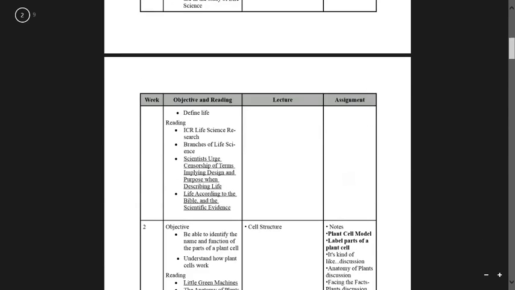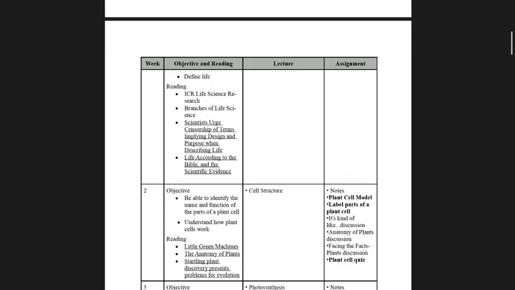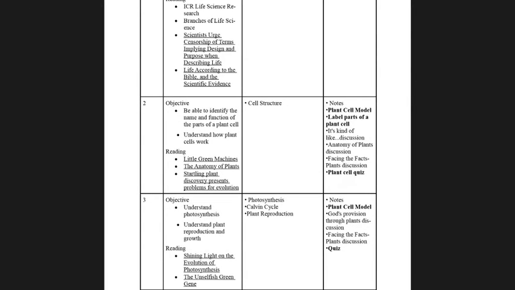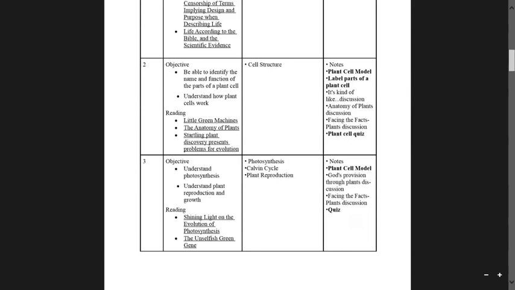So we've got a bit of reading this week, but not too much. Next week we start jumping in on plants and plant cells, and between weeks 2 and 3 we're going to be working on a plant cell model, along with your regular discussions and quizzes.